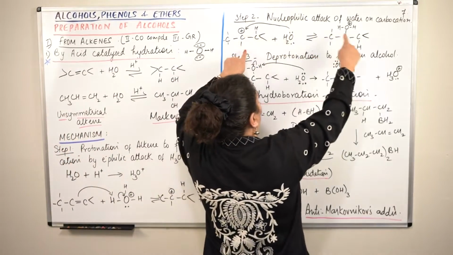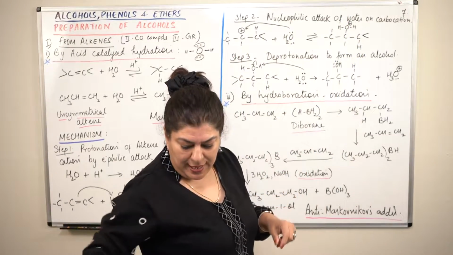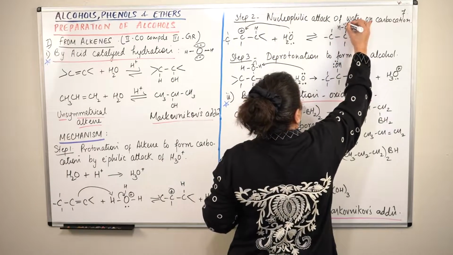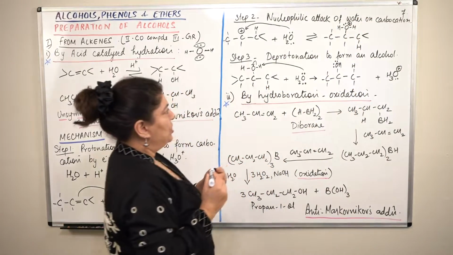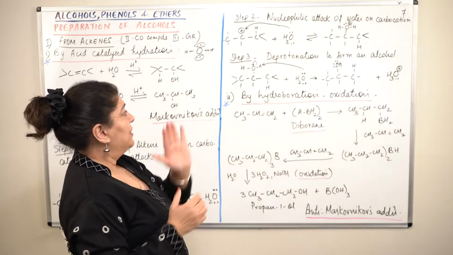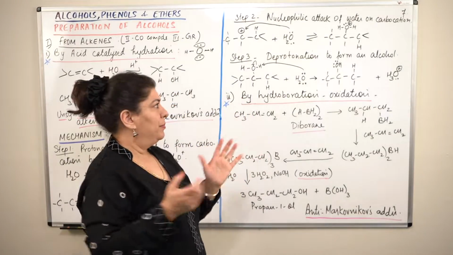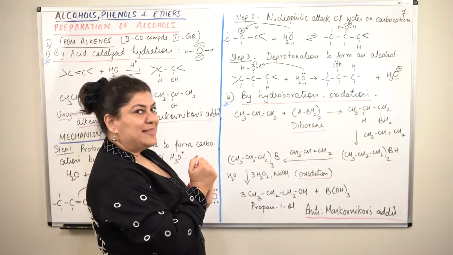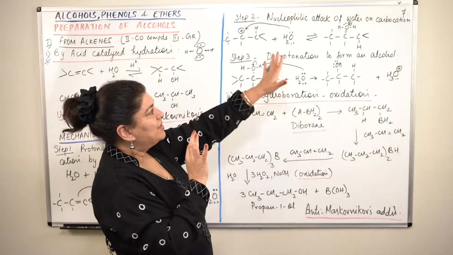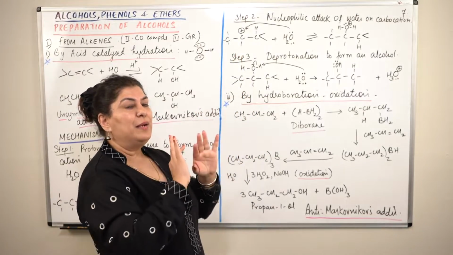So the water molecule adds in such a way that oxygen becomes positively charged, and this oxygen of course has 1 lone pair of electrons, which I have not drawn here, and it is positively charged, and it gets connected to the second carbon. Now this is again unstable because it's not a neutral compound. So what happens in the next step? Deprotonation occurs. There is only 1 extra proton here. If you remove that proton, the compound will become stable and it will become neutral.